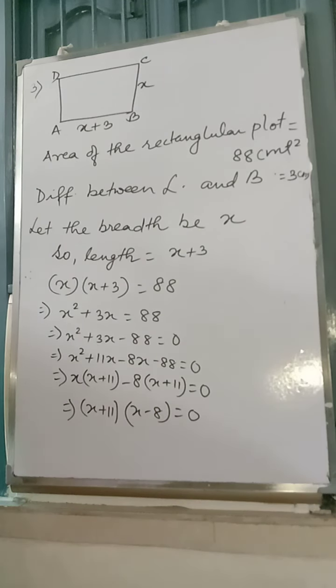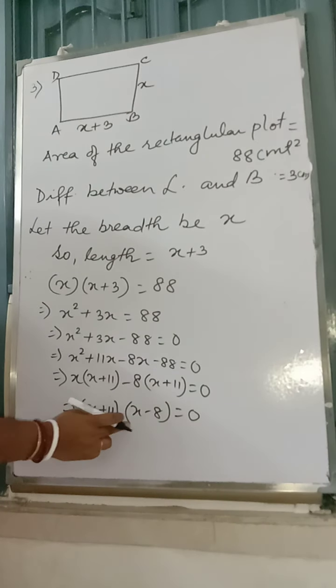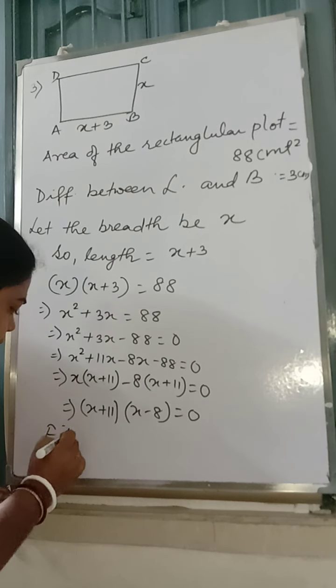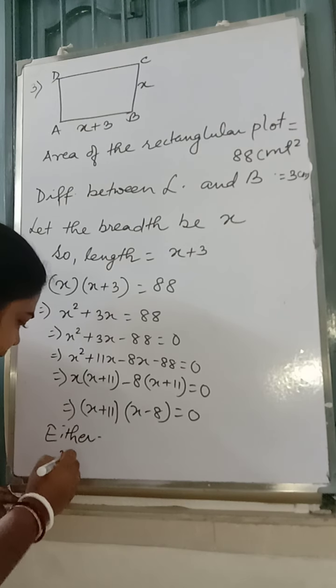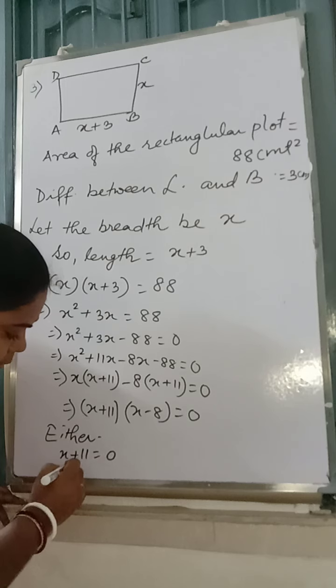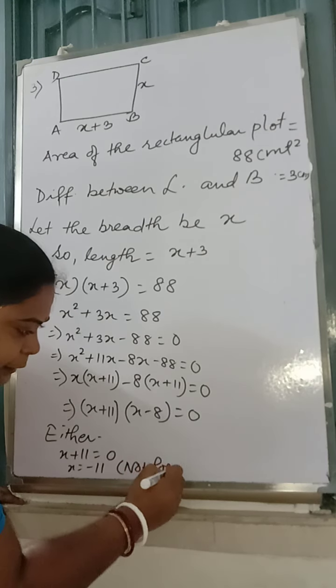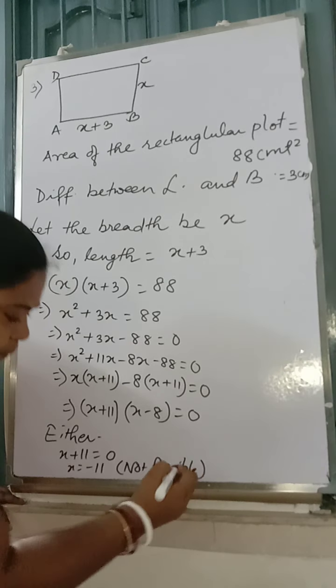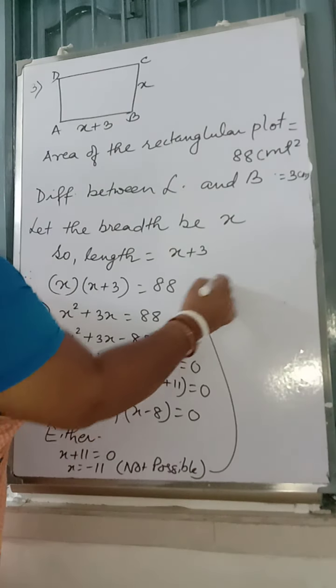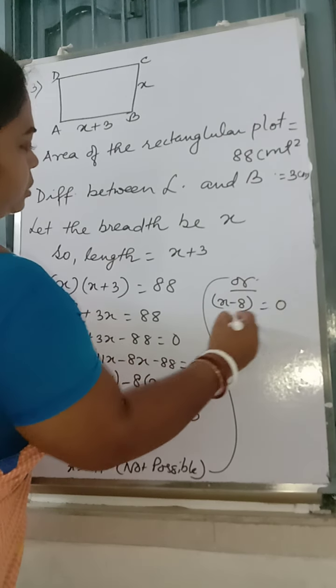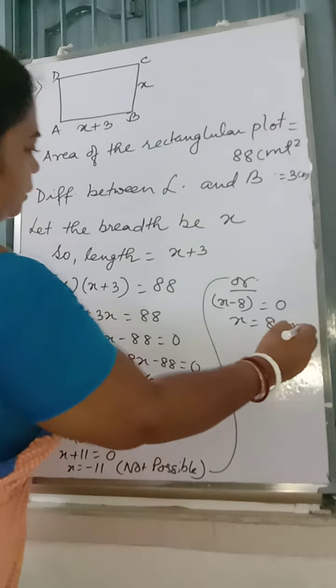Now, when the product is 0, either one or the other should be 0. Now, either x plus 11 is 0, x is equal to minus 11 is not possible because length cannot be negative, or x minus 8 is 0, so x is equal to 8 centimeter.